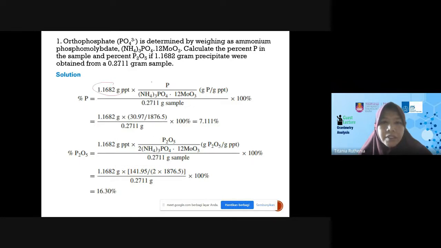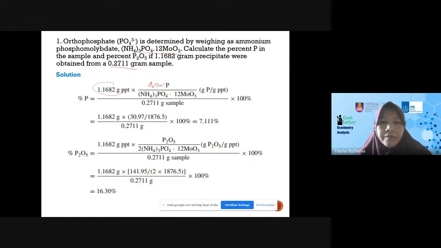So for percent P, this is the precipitate. This is the molecular weight of P, divided by the molecular weight of the precipitate, times the weight, divided by the mass of the sample, which is 0.2711 gram, times 100%. The molecular weight of P is 30.97.